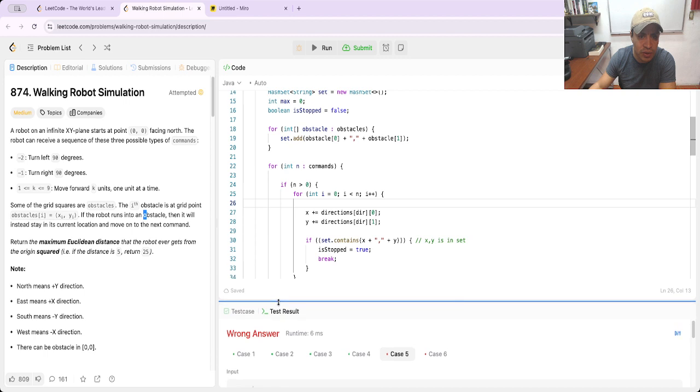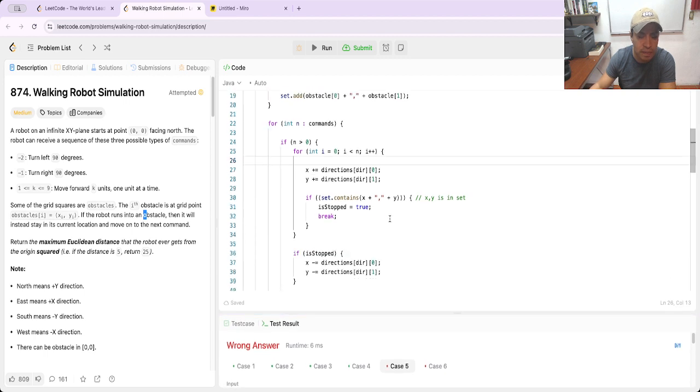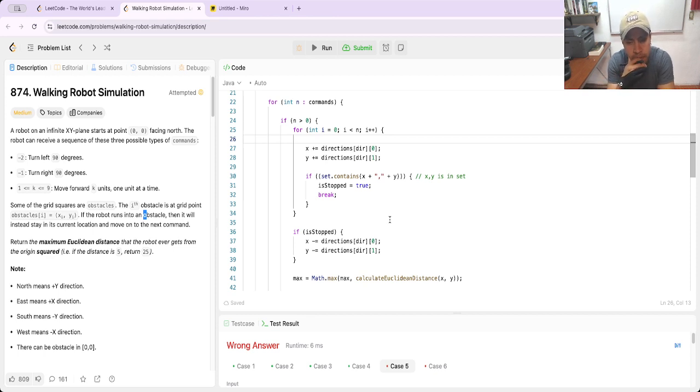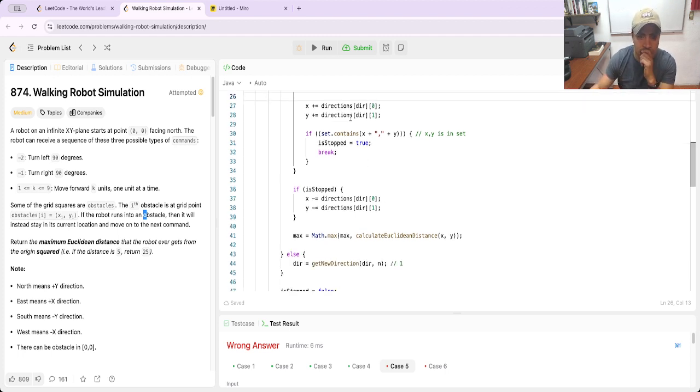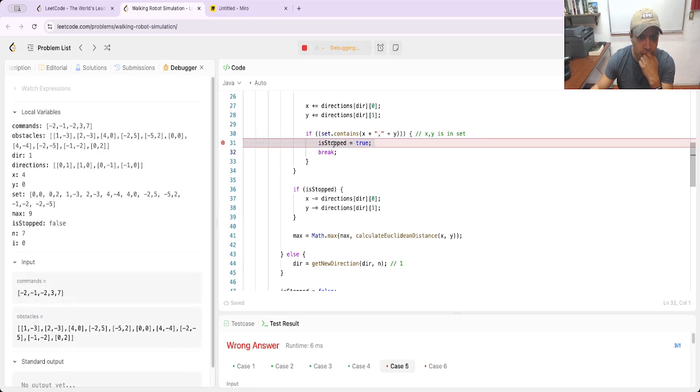And why do I only return this? In which moment does this value appear? Okay, let me debug this code because it doesn't make sense. It shouldn't find any obstacle.